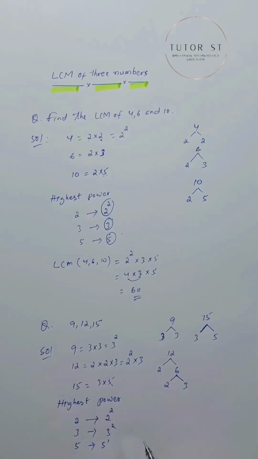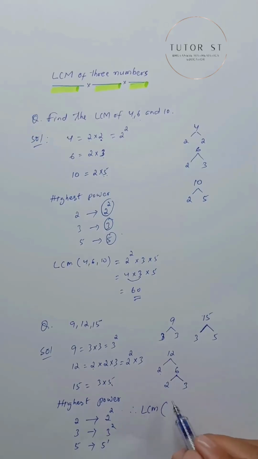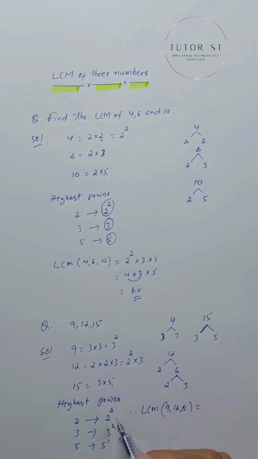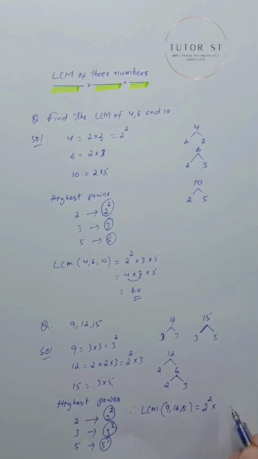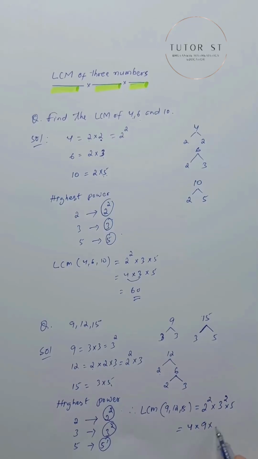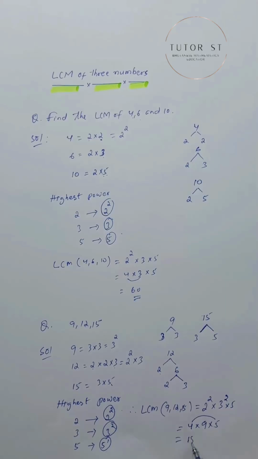Now my LCM of 9, 12 and 15 will be equal to the product of all these highest powers: 2 raised to 2 times 3 raised to 2 times 5. Let us calculate: 2 raised to 2 is 4, times 3 raised to 2 is 9, times 5. I know that 4 times 5 is 20, so 20 times 9 will give you 180.